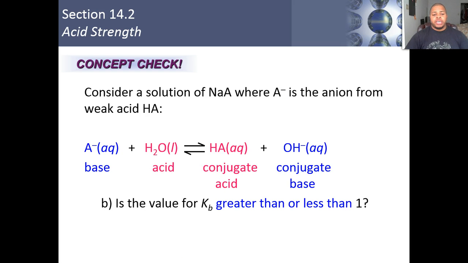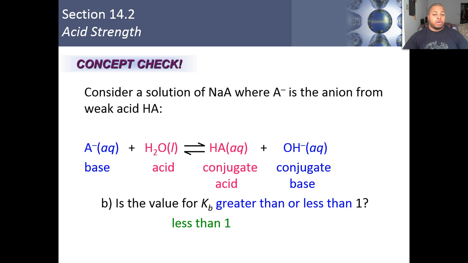Knowing that piece of information, is the Kb value going to be greater or less than 1? Think along the same lines as we had before with our K values. If we have a weak acid, or a weak base in this case, are we going to have a large or small value? We have to have a very small value, okay?